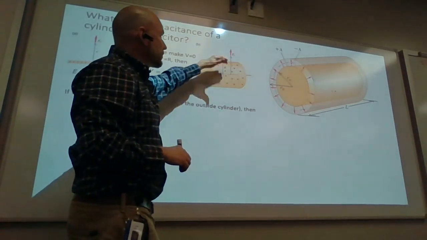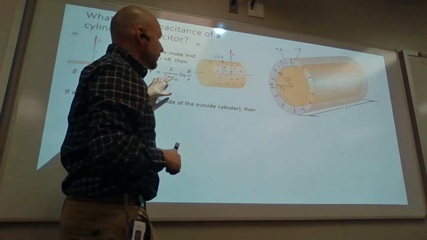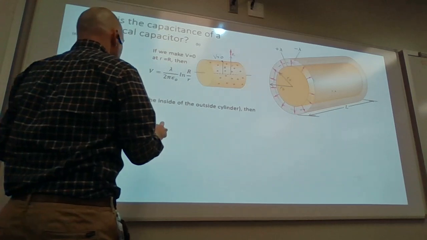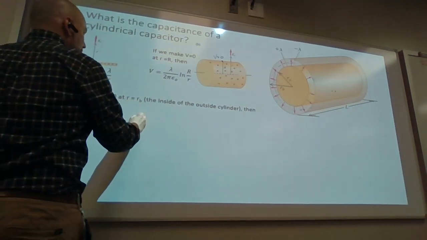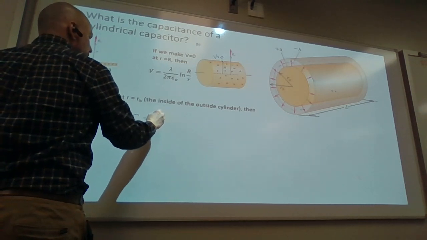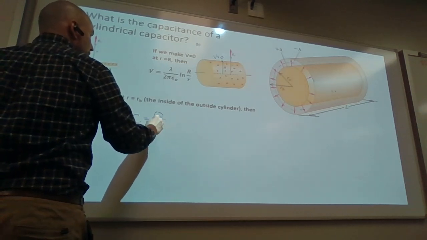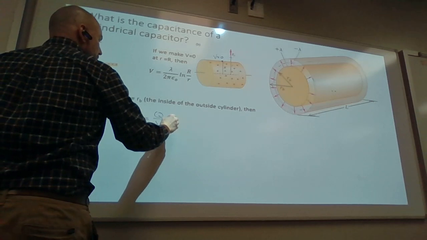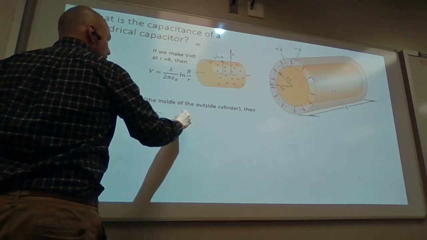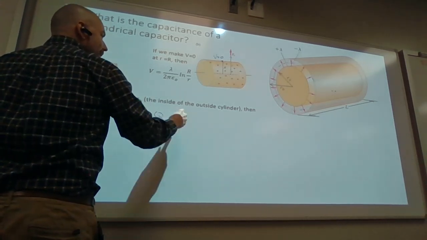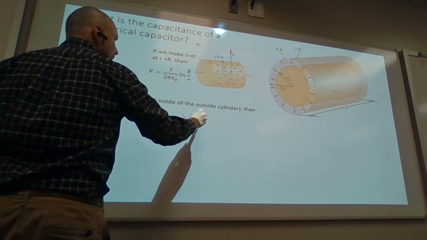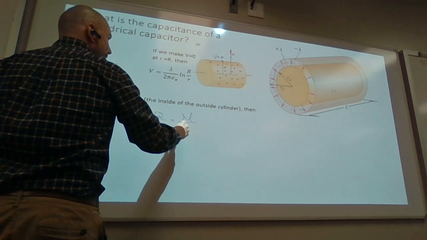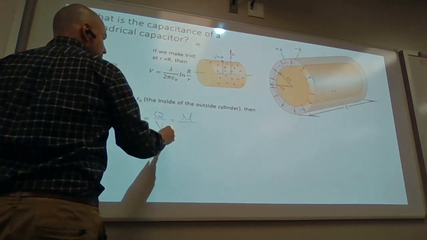This distance away, we get their expression for this, and then all of a sudden, our capacitance is just charge over voltage. Our charge is equal to lambda times L over that expression.